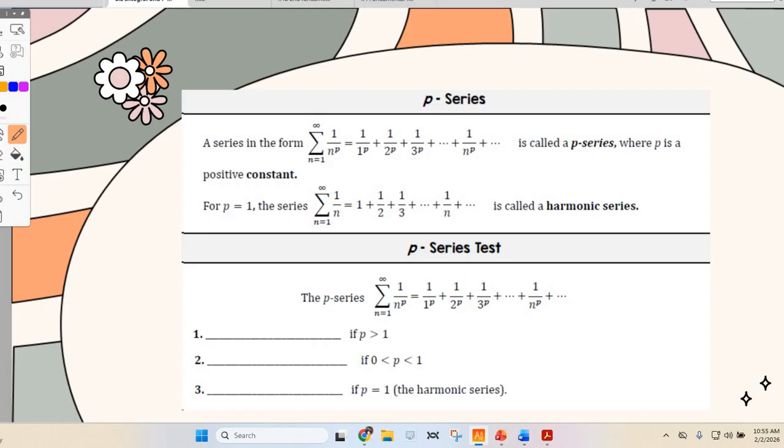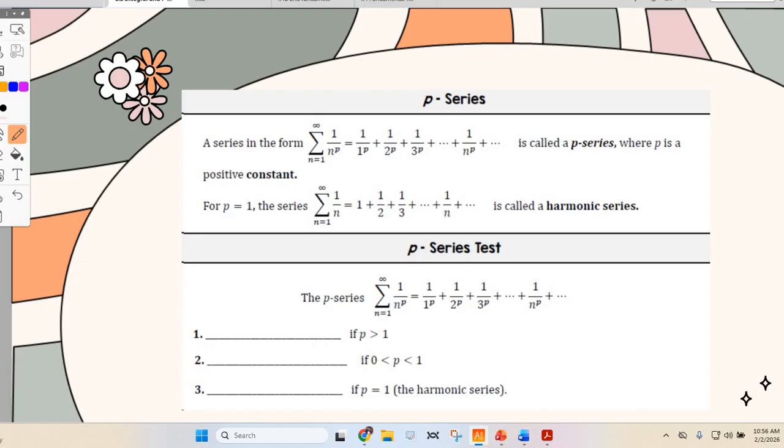Specifically, when P is 1, so I just have 1 over n, this is called our harmonic series. The reason we like P series is because we don't have to do a whole lot of calculus-y work with it. I don't have to take a limit, I don't have to take an integral, I just have to decide is it bigger or smaller than 1, kind of like we did with our geometric.